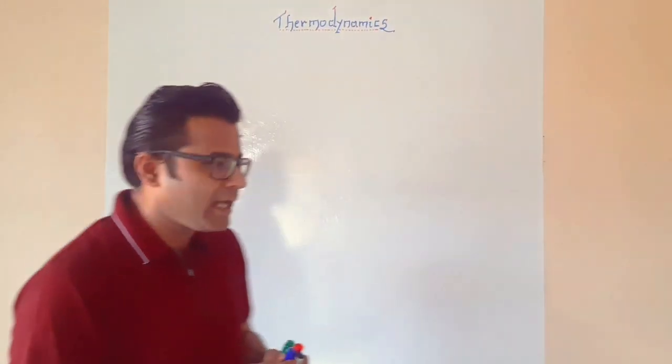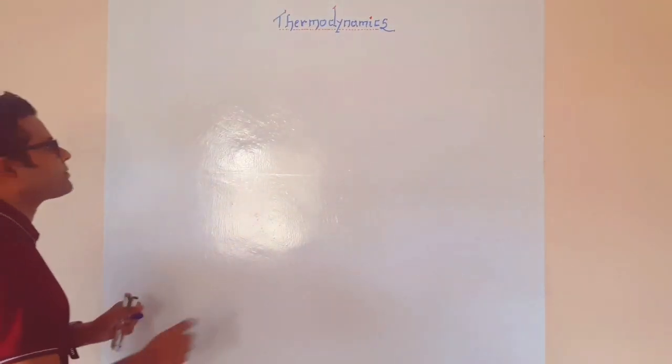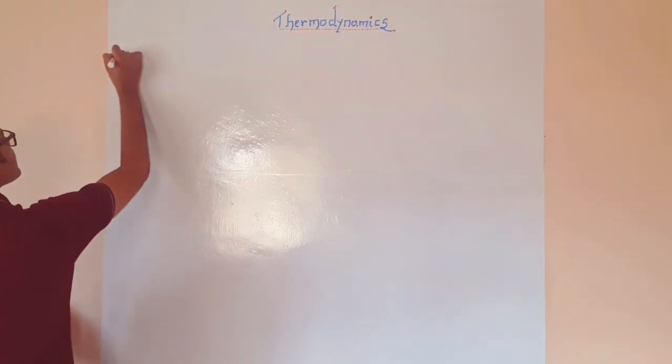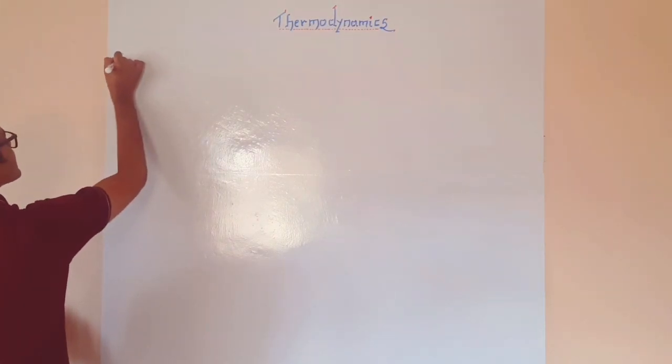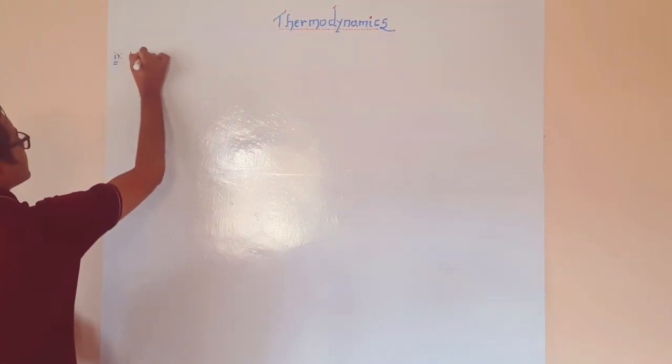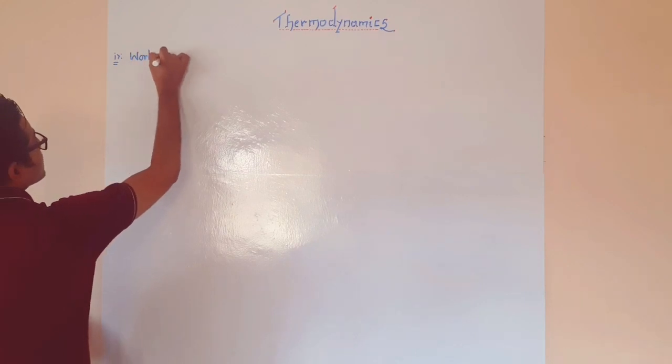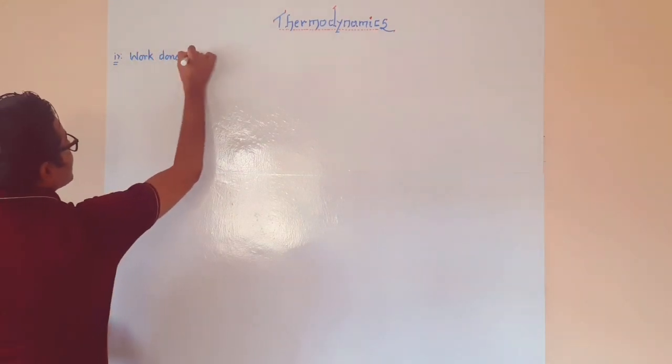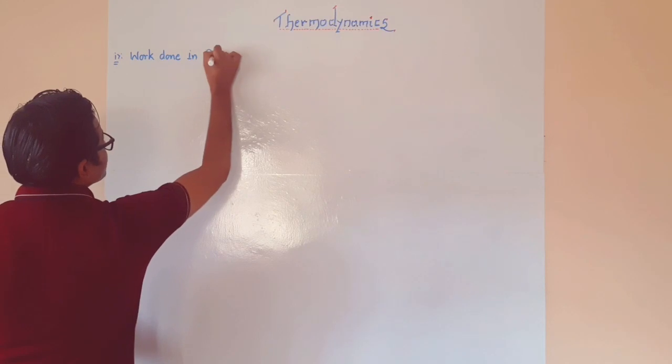Before starting with that, we will start with the first concept for the day, and the first concept that we need to deal with is the work done in a reversible process.